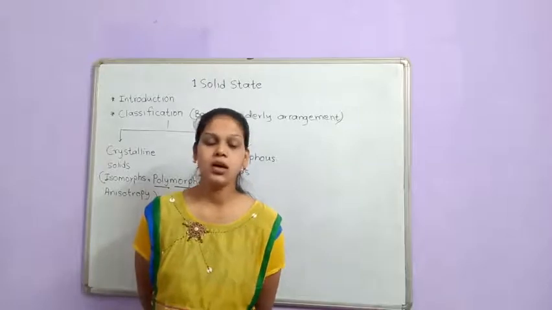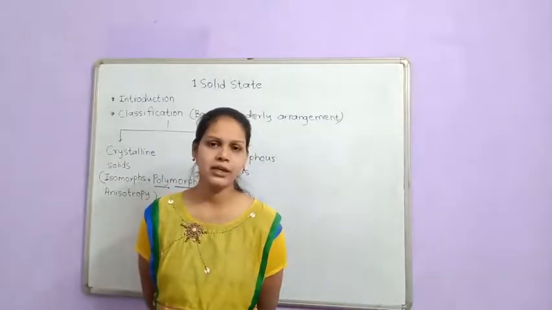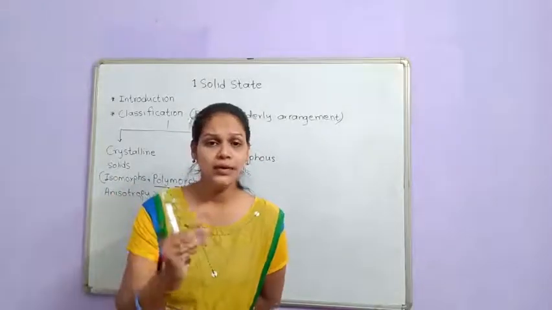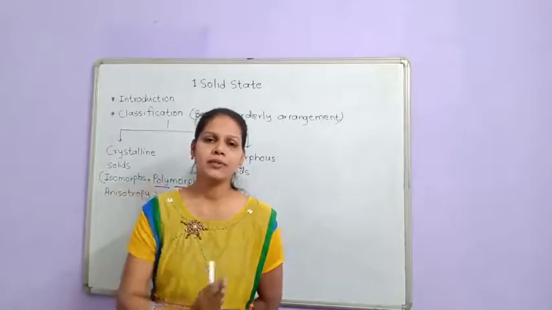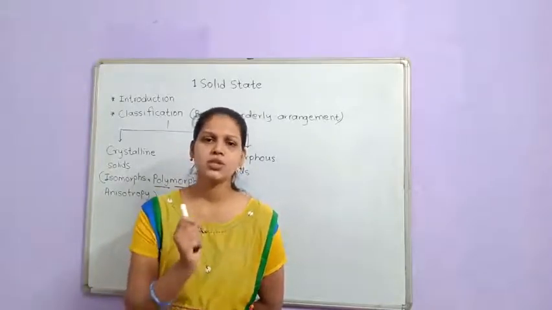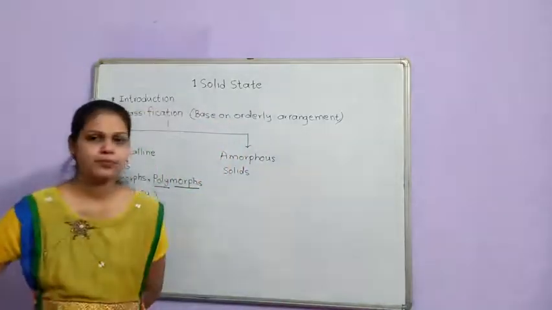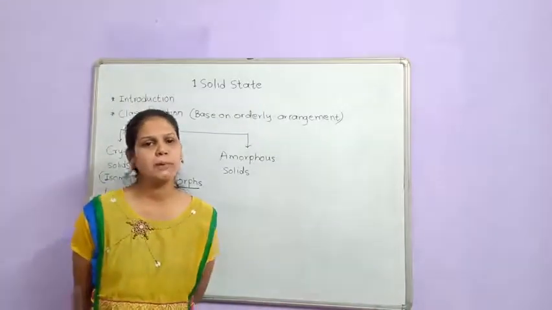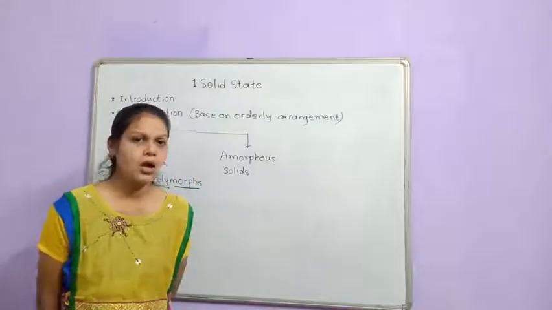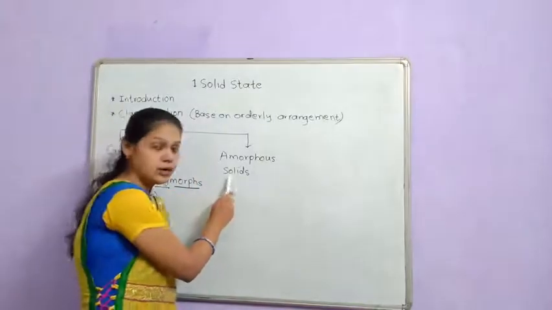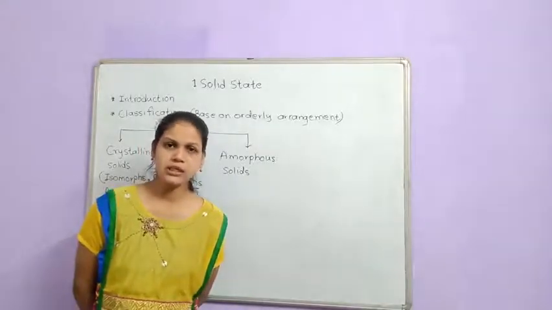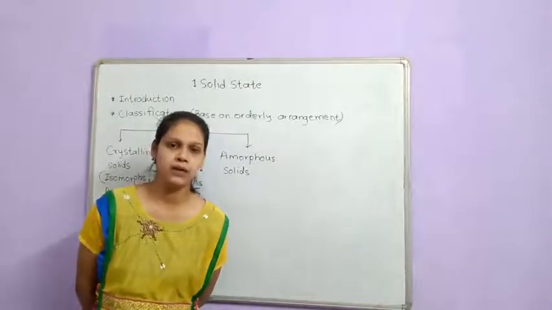For example, if you measure refractive index in different directions, you will get different values of refractive index for the same crystal. Such a property is called anisotropic, and this property is shown by crystalline solids, not amorphous solids. For amorphous solids, if you check any physical property in different directions, you will get the same value.